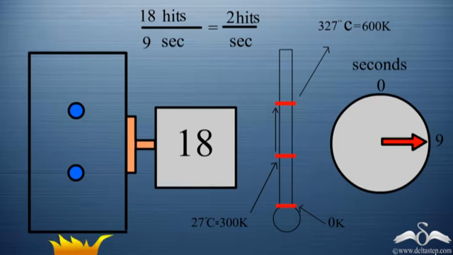The time remains the same, so in 9 seconds you get 18 hits. So if we have 18 hits per 9 seconds, this means 2 hits per second. Initially at 300 Kelvin, we got 1 hit per second. At 600 Kelvin, we are getting 2 hits per second.